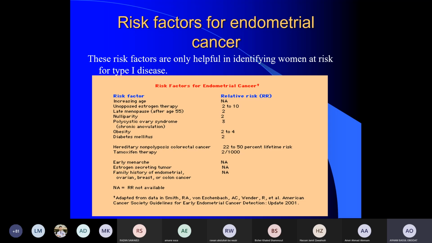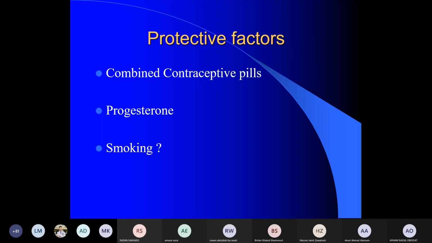Of course, there is a small group of patients who have a familial inheritance for cancer, what we call the Lynch Syndrome, or the hereditary non-polyposis colorectal cancer. Those patients are at higher risk of endometrial carcinoma.